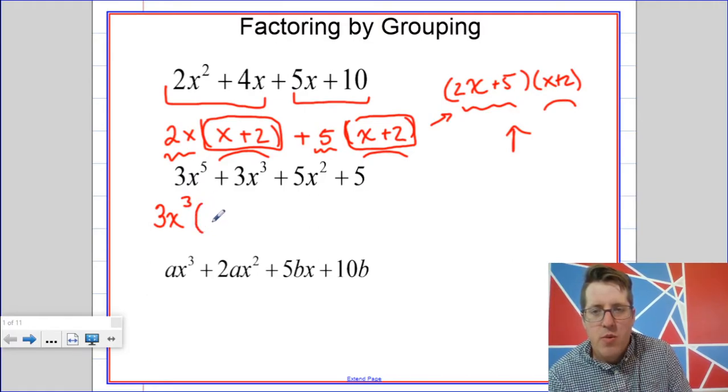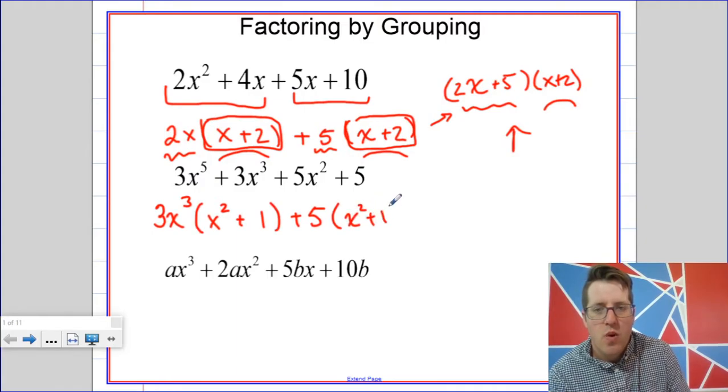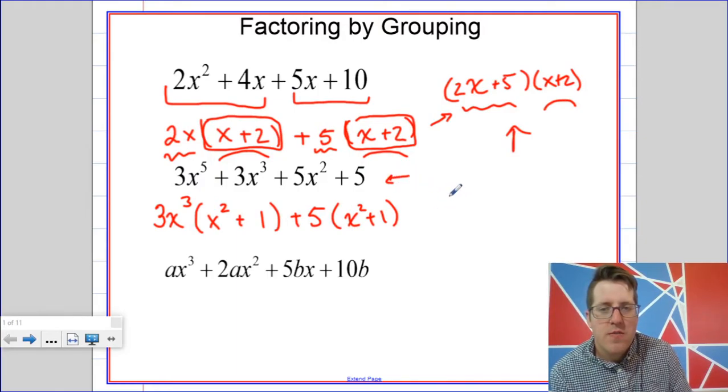And that's going to leave me with x squared plus 1. If I factor out a 5, I'm also going to be left with x squared plus 1, which means that overall, this expression factors to 3x cubed plus 5 times x squared plus 1.